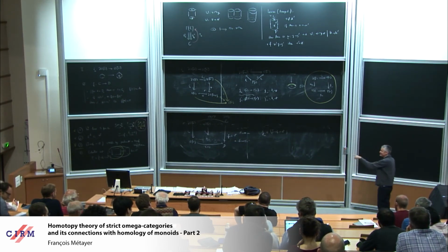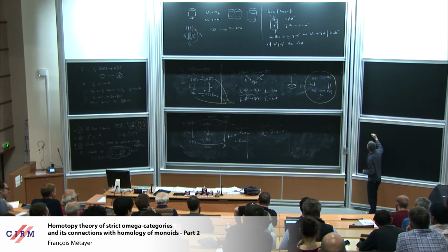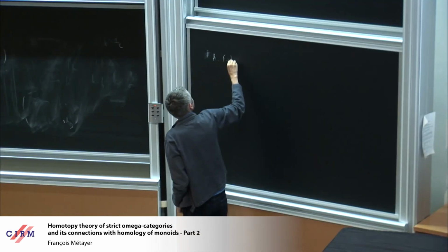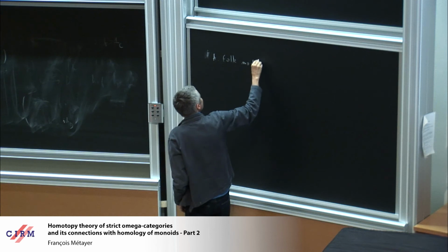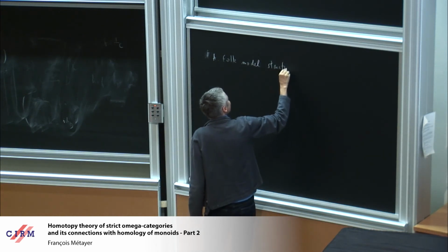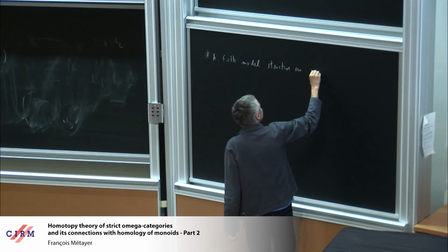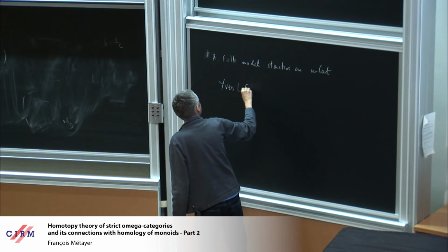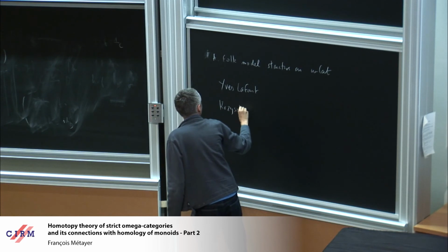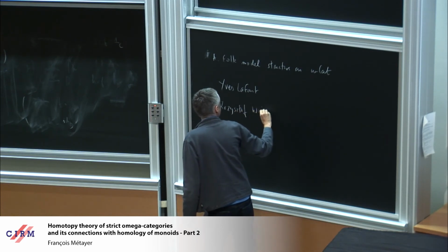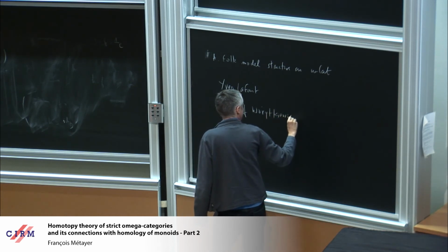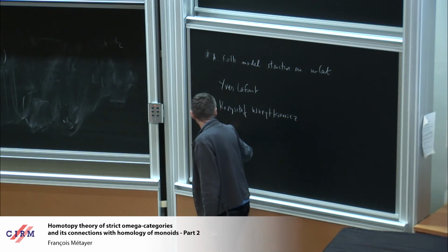I thought about it in the beginning, and then no. The reference is the paper "A Folk Model Structure on Omega Cat" by Yves Lafont, Christoph Voritkiewicz, I think that's it, and myself.